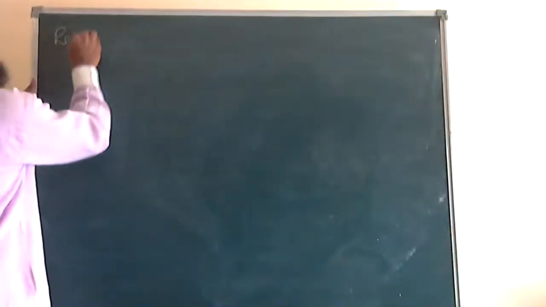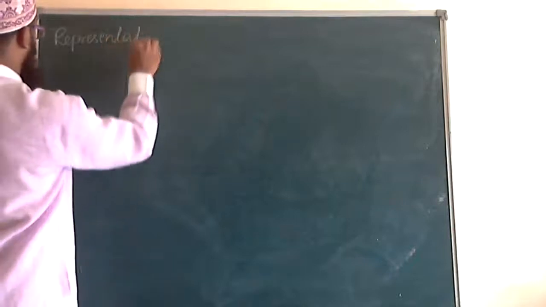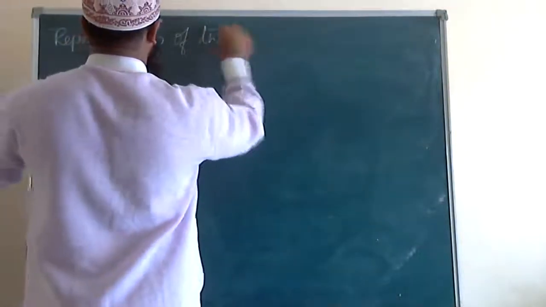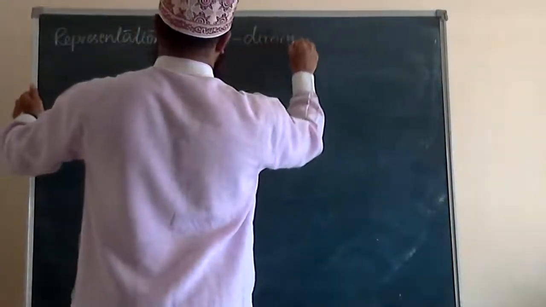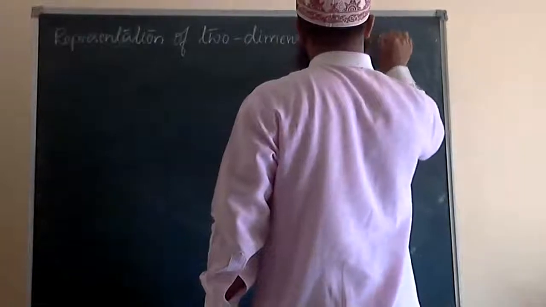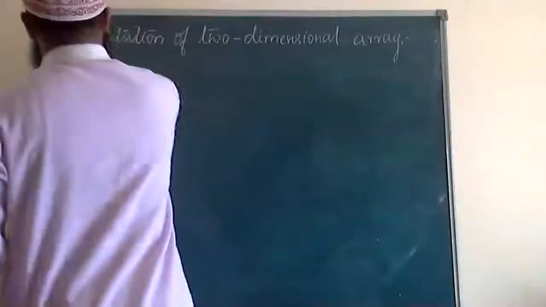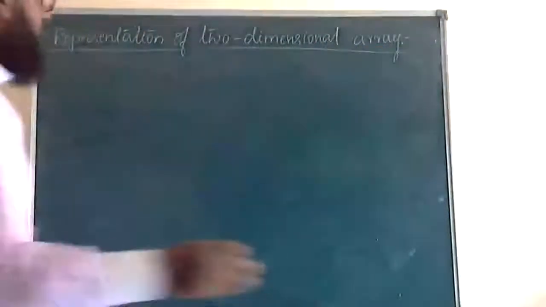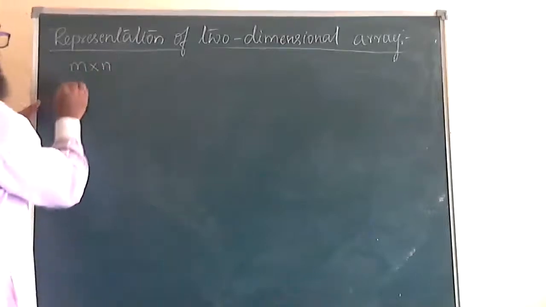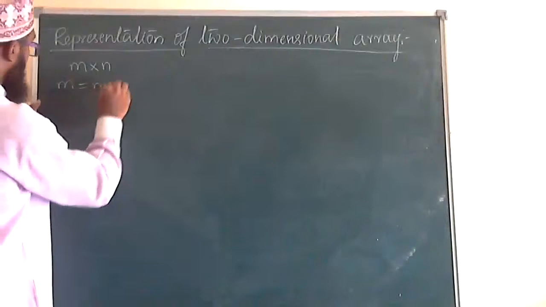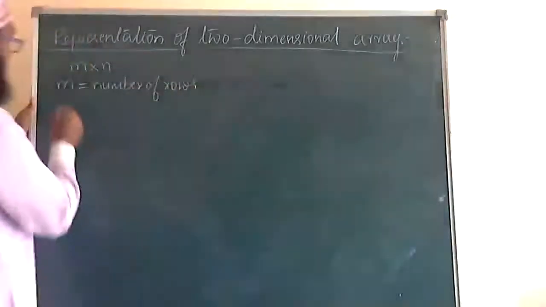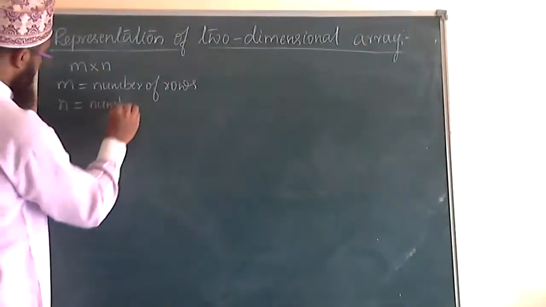Before representing a two-dimensional array, we have to take the order of an array, m into n, where m is equal to the number of rows and n is equal to the number of columns.